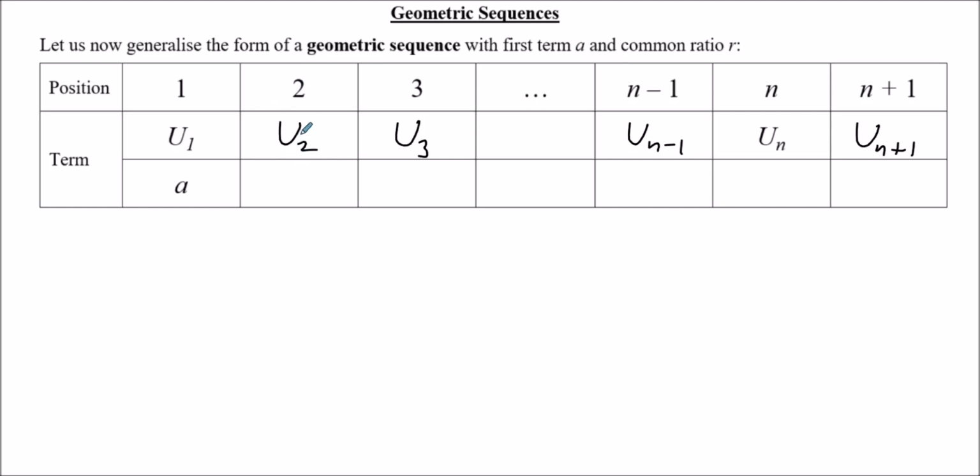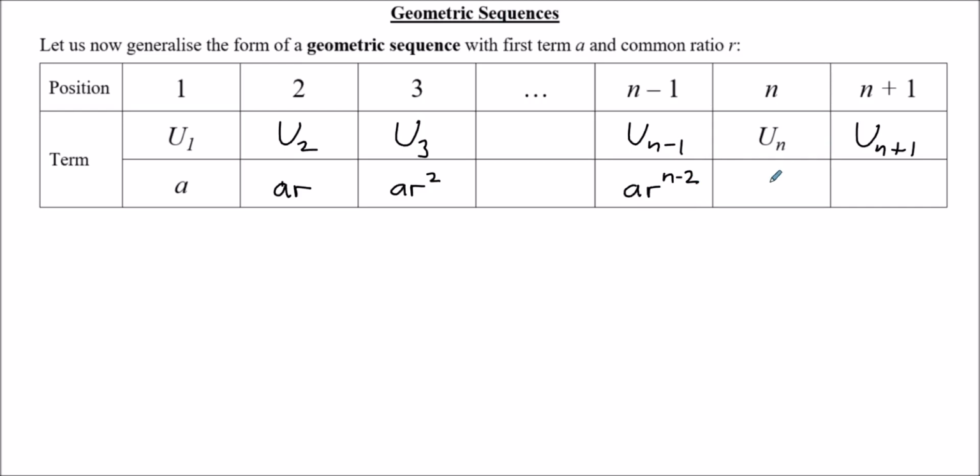So for term number 2, I multiply by the ratio just once. So the second term is AR. Multiply by R again. A times R is AR squared. Over here, 1 less than n minus 1 is n minus 2.